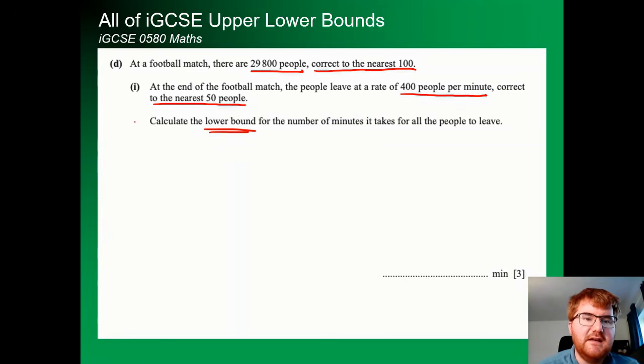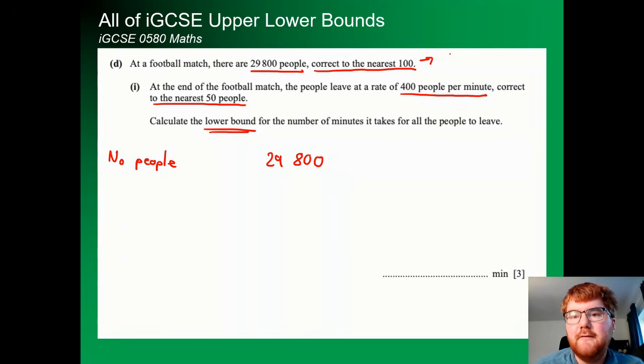So first of all, we need the number of people. And again, we're just going to write down upper and lower bound and then work out what we need from that. So we have 29,800. Half of 100 is 50. So we've got 29,850 as the upper bound, and then 29,750 as the lower bound.